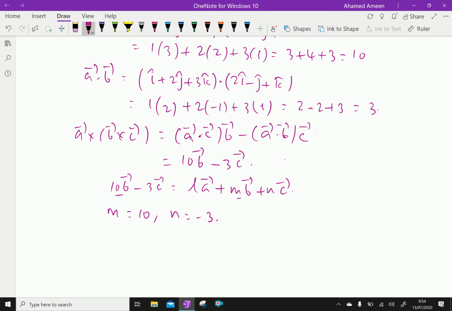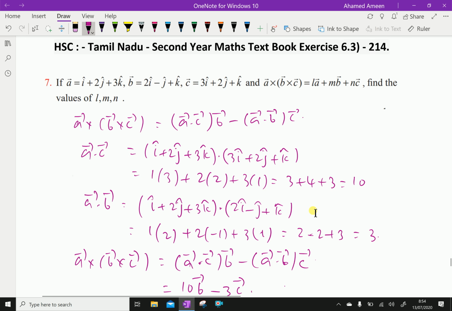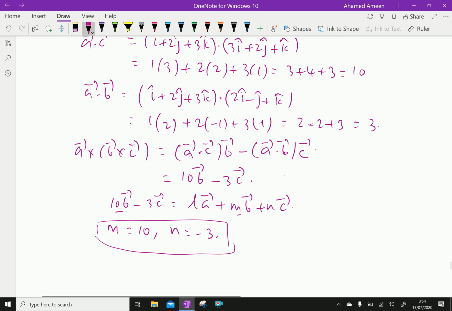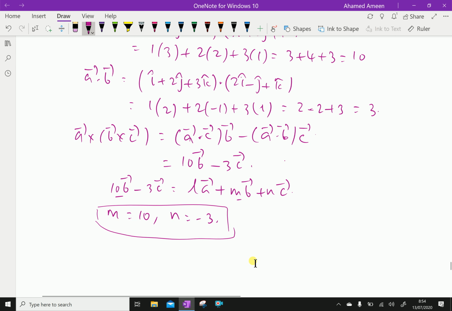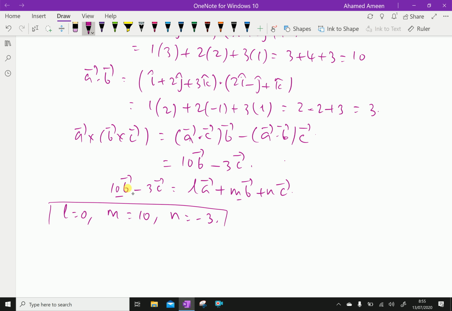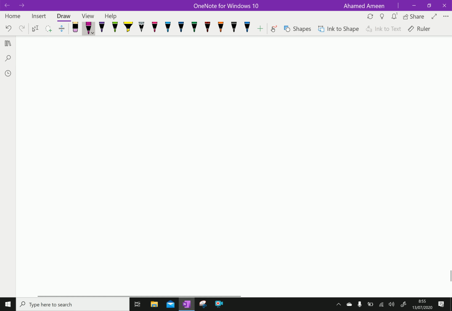So we got the values of M and N. Also we have to find L. Here there are no A terms, therefore L equals 0. We got the 3 values. Next question.